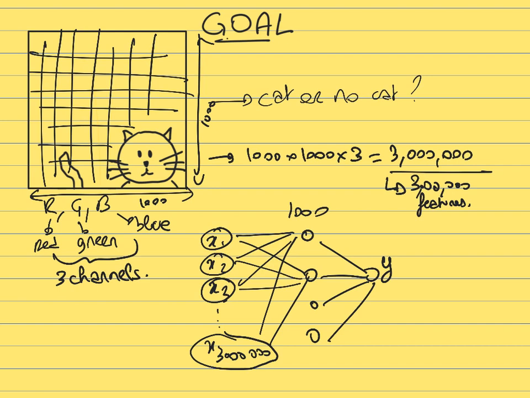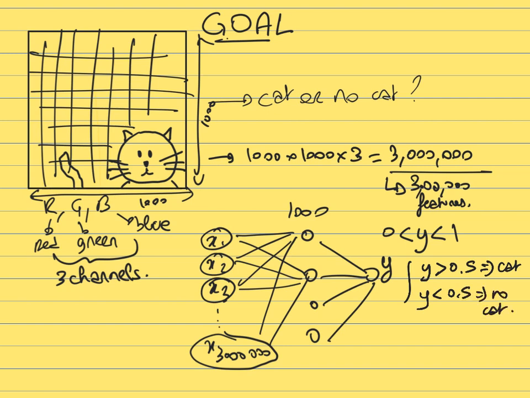And for example, if you choose the activation function so that the output will be necessarily between 0 and 1, you can train your model so that when y is larger than 0.5, then it suggests that a cat has been detected, and when y is lower than 0.5, then it suggests that unfortunately there is no cat.